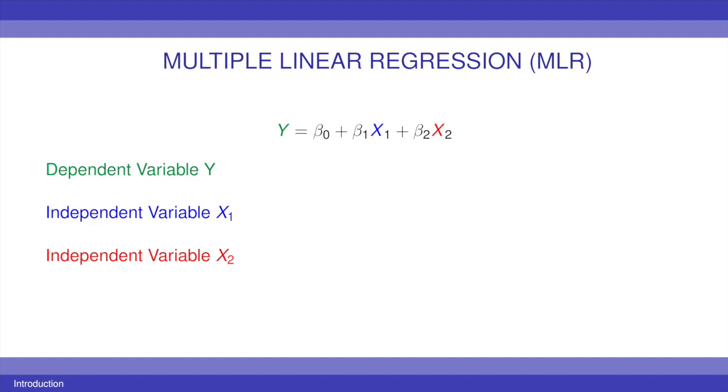Once again, our goal is to estimate the betas. Now there's just more betas to estimate. In this model, we have two X's, but multiple linear regression can be extended to include as many X's as we need to create an accurate model. We can even add something called an interaction variable, which we will describe in more detail in future videos.